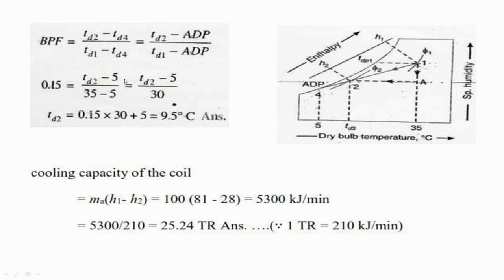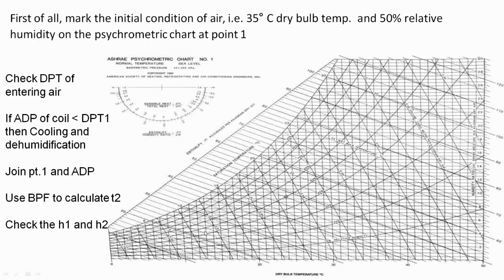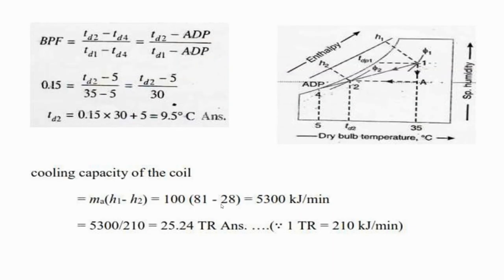So 0.15 equals TD2 minus 5 upon 35 minus 5, and we get TD2 as 9.5 degrees Celsius. In the chart we draw 9.5 degrees Celsius on the line from point 4 to point 1, and intersect it to get that point.